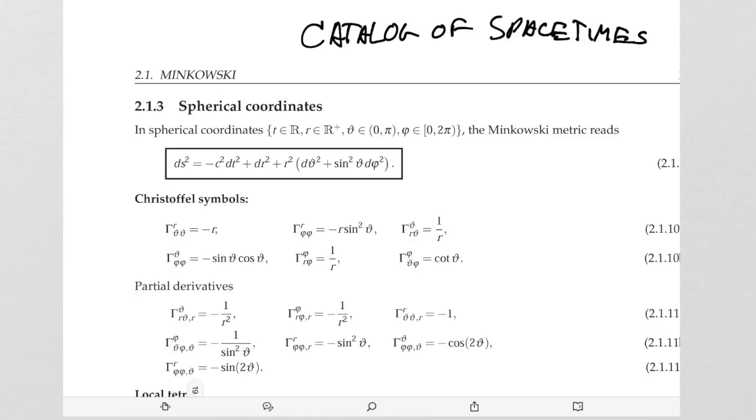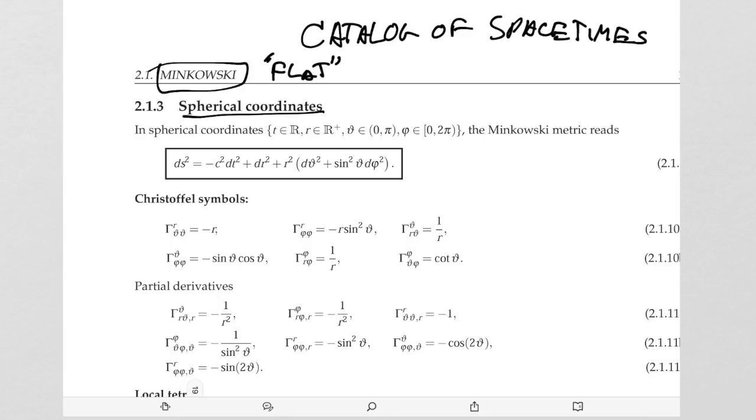The catalog of space-times tells us what Minkowski space in spherical coordinates looks like. So Minkowski means flat, which is essentially no gravity at all, no gravitating matter. And spherical coordinates is just the method we're going to use to label points in space-time.